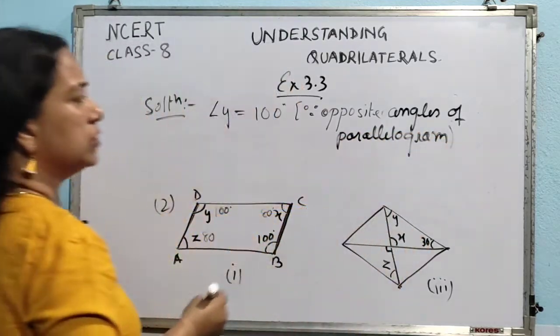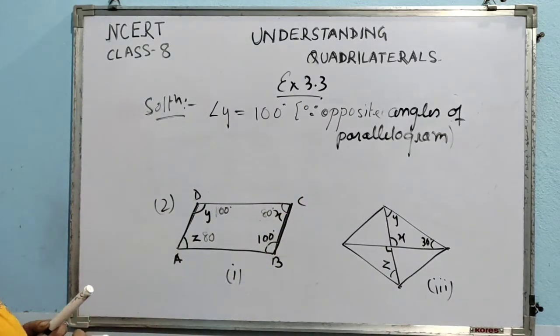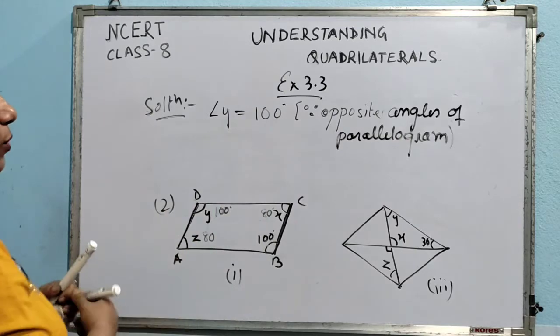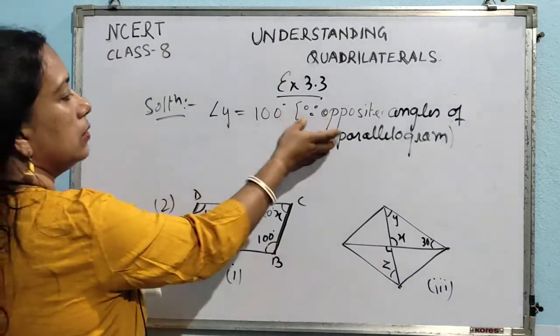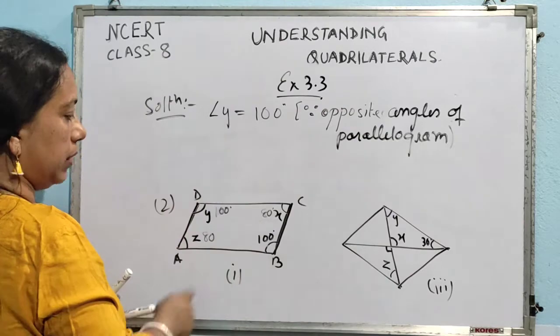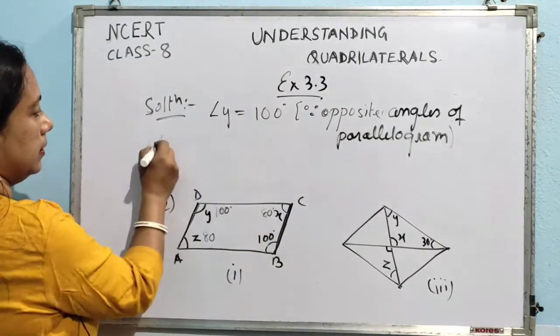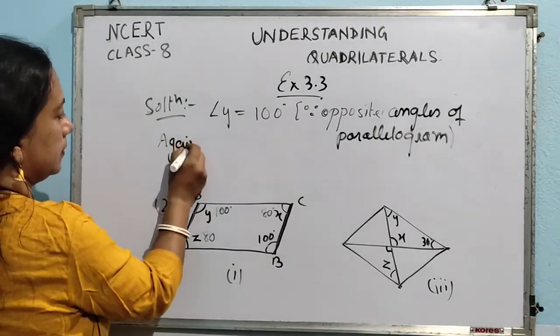If you just write opposite angles of a parallelogram, this much is okay. No need to write that they are equal, because why is this equal? Because they are opposite angles of a parallelogram. Now y is equal to 100 degree.